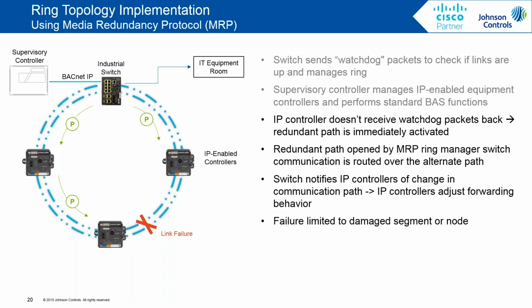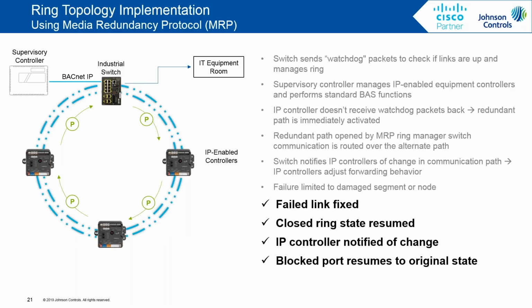There is no variable convergence. It's all predetermined on a threshold to impact none of the important people in this equation, which are the humans and the building owners. And finally, we're going to show what happens when the link is restored. The timing is just as quick. When a failed link is restored, the normal state begins.